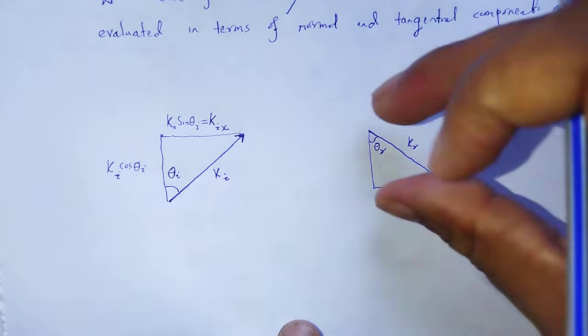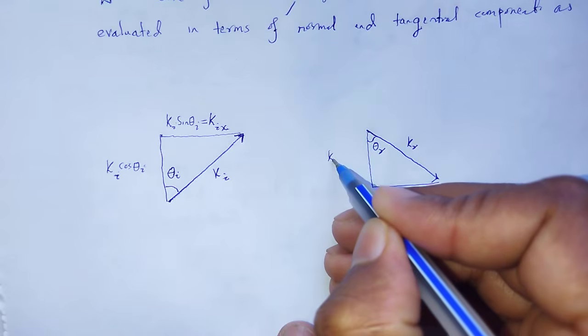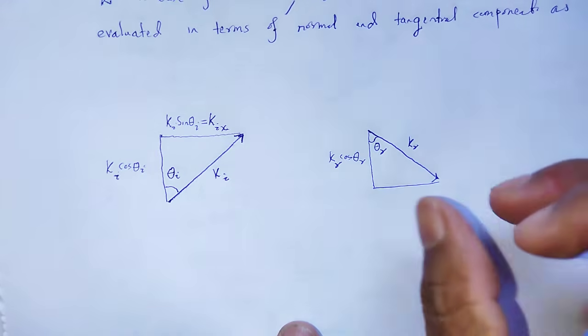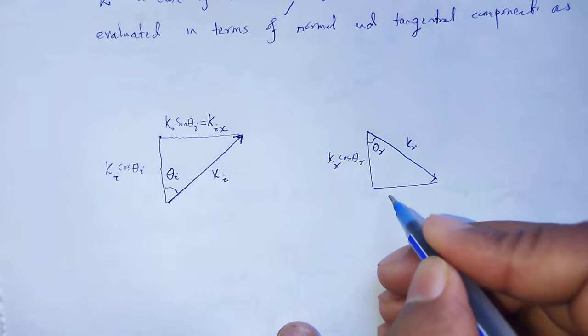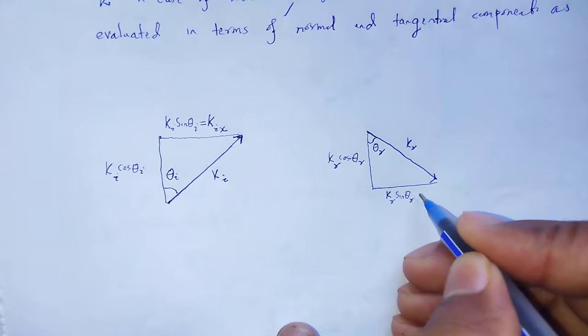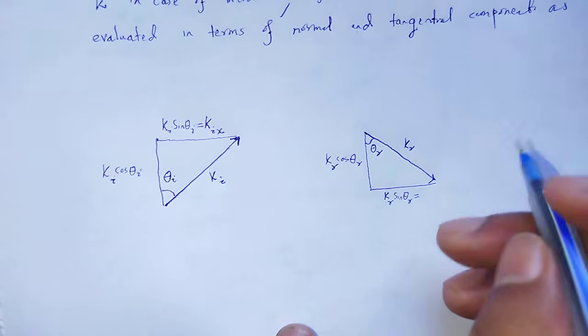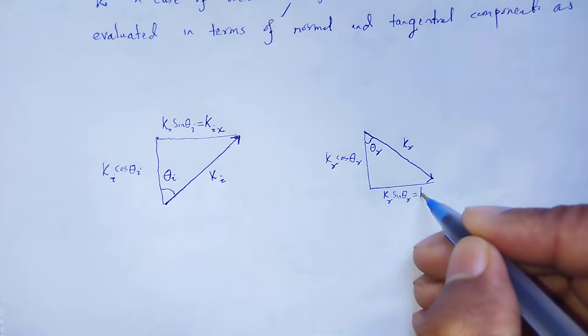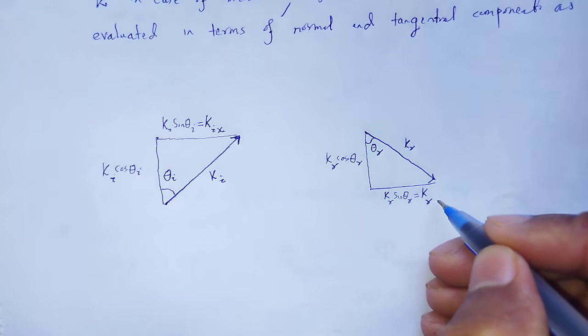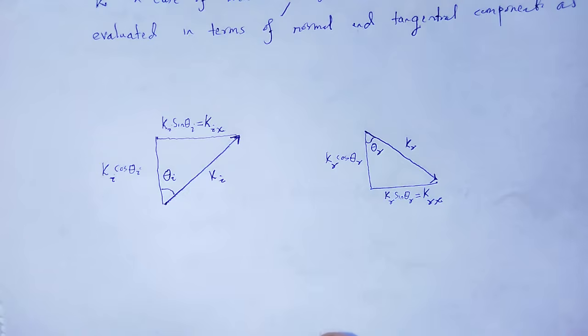So this component kr cos theta r, that component kr sin theta r, which is nothing but x component of that reflected wave, which is k rx.